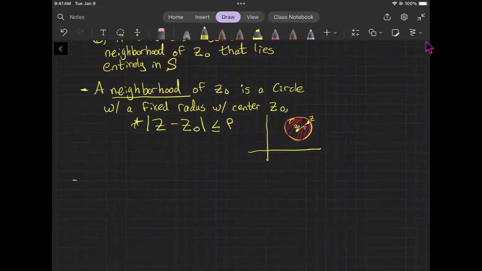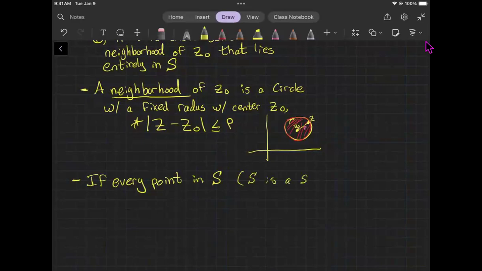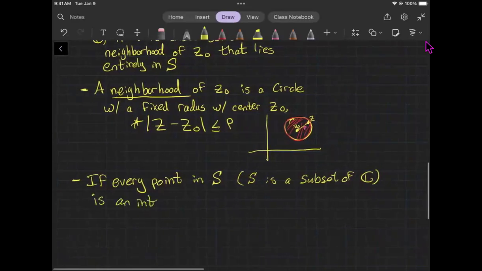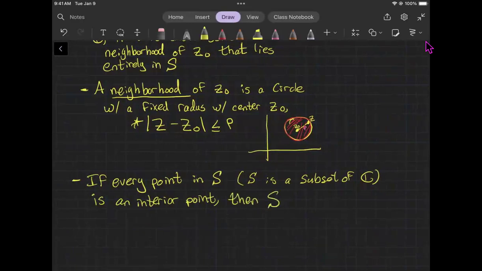And this is where we're going to build off on defining an open set. If every point in S, so S is a subset of the complex plane, is an interior point, then S is an open set.